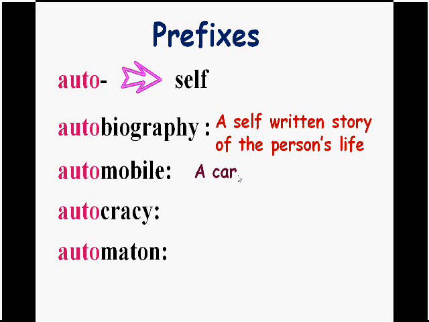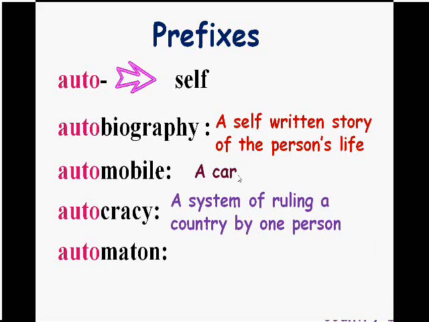Also, we have the word autocracy, which means a system of ruling a country by one person. Again, auto means self, and cracy is like the system of ruling. It's different from democracy. So auto means that one person alone is ruling the country.